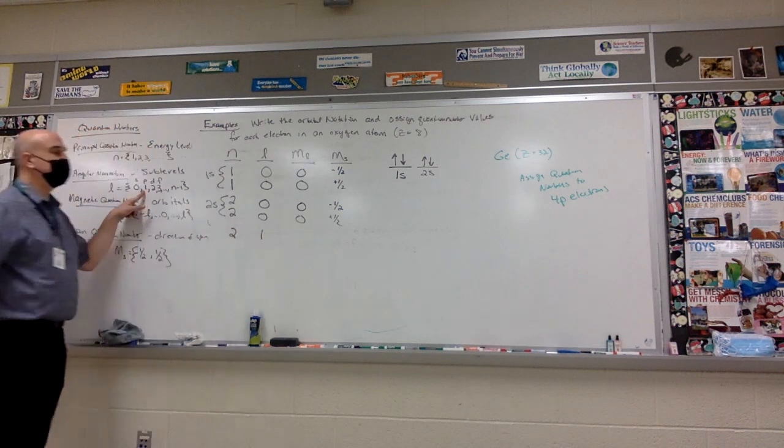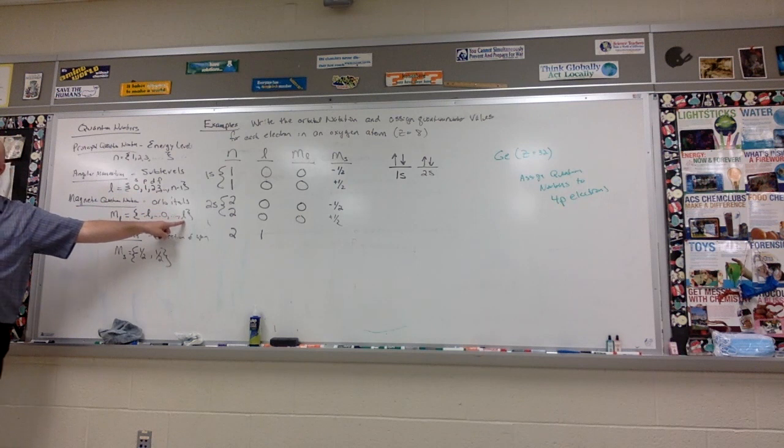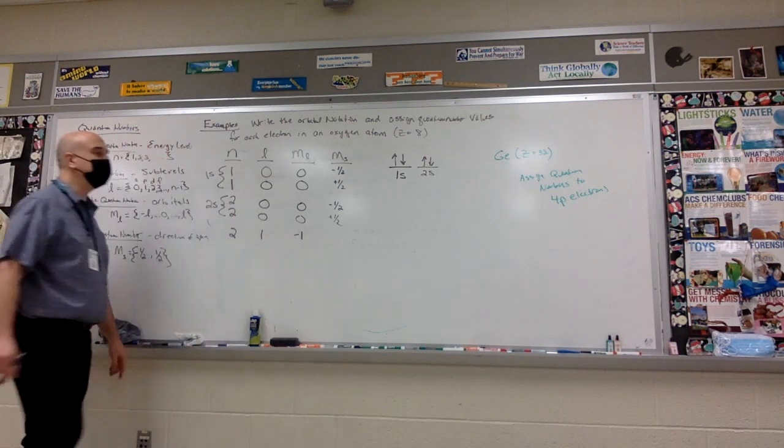P sublevel has an L value of 1. Well, what are my orbital values if my L value is 1? Negative 1, 0, positive 1. So my first orbital is my negative 1 orbital.